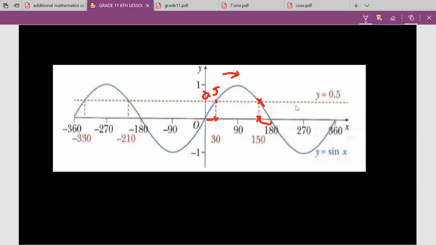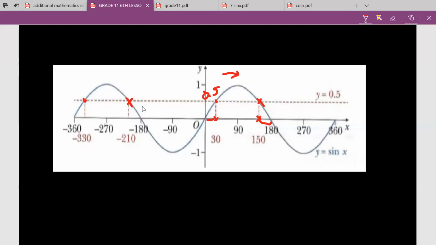So till 360 degree, do we have more y value 0.5? We do not have here. We just have between 0 and 180 degree. And negative part, when you look at 0.5, it's crossing at negative 210 and at negative 330.